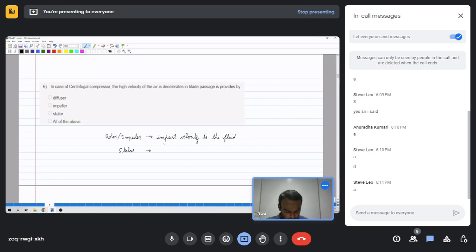The stator is used to convert velocity energy to pressure energy.